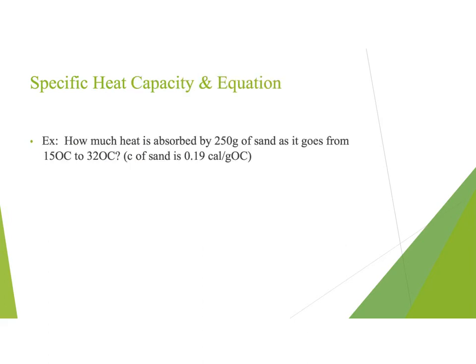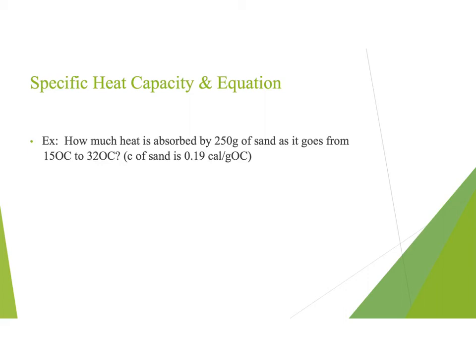All right, we're going to finish up this lecture with a couple of examples using the specific heat capacity, or specific heat equation, I should say. We're going to do 3 examples, and we're going to figure out how much heat was absorbed or released given the information.